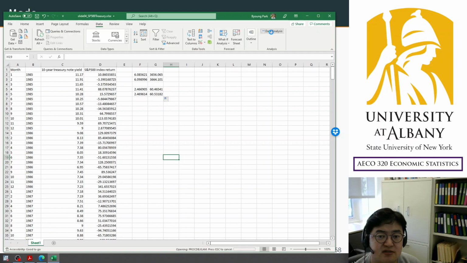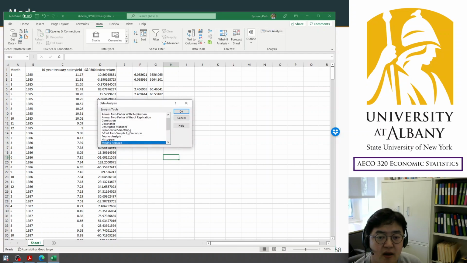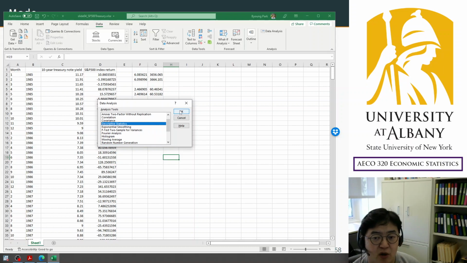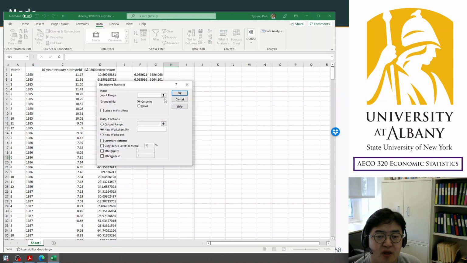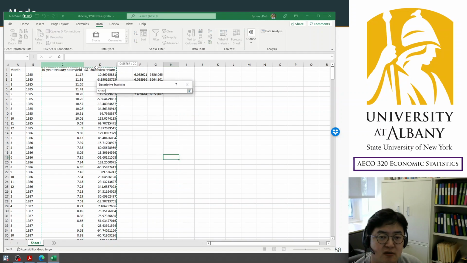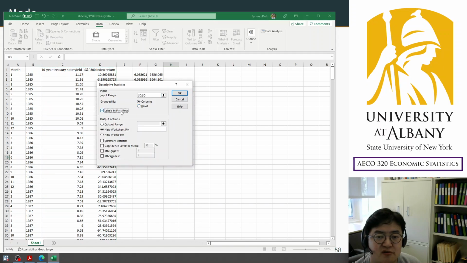Click Data Analysis, and then there are many options, but we will use the descriptive statistics option. Descriptive statistics, that's what we just learned. Click OK, and choose the data. I included the 10-year Treasury bill and S&P 500, and check labels in first row.